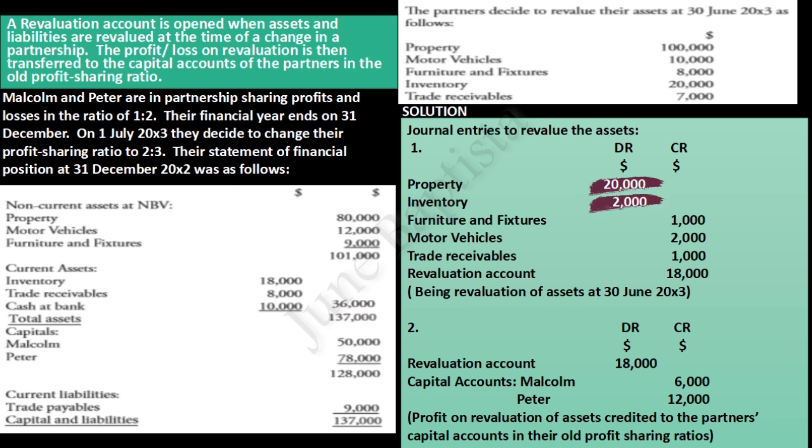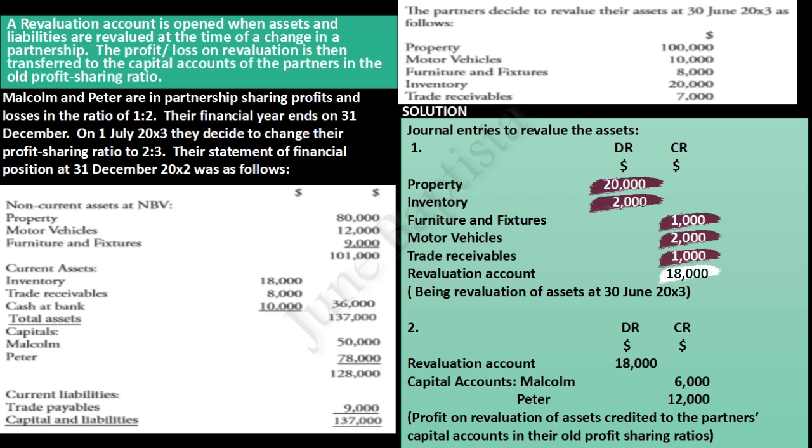Furniture and fixtures, motor vehicles, trade receivables are credited with the decrease in the value of these assets. Furniture and fixtures, $1,000. Motor vehicles, $2,000 credited. Trade receivables, $1,000. The revaluation account is then credited in this case and is the balancing figure, $18,000.